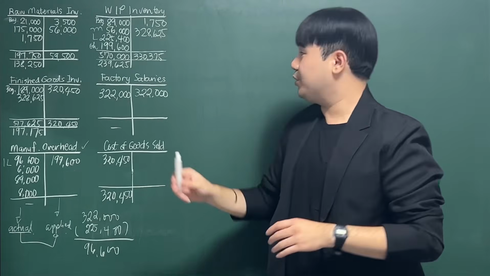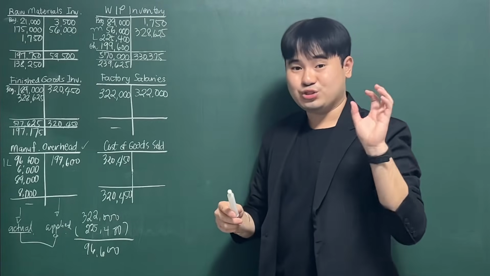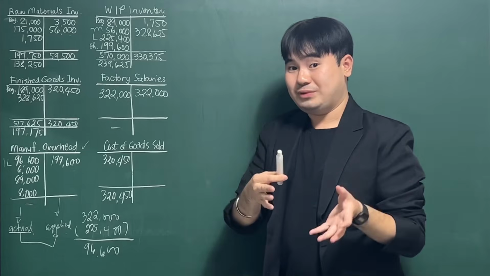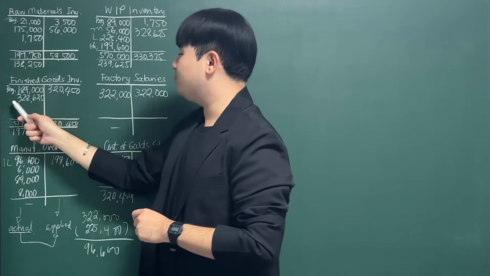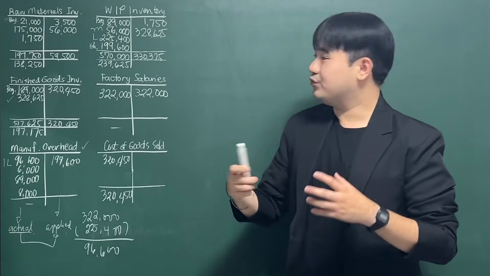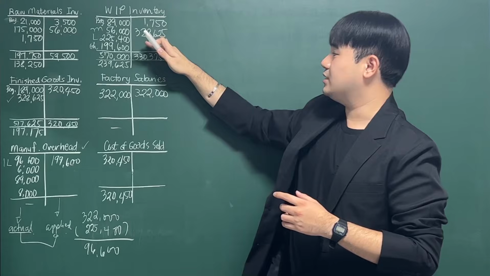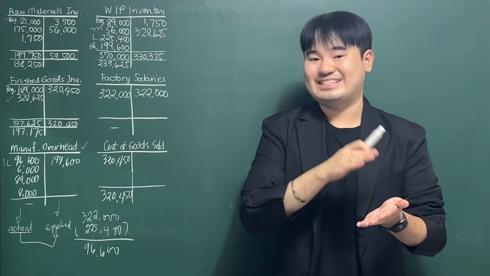How can you confirm that this amount of 328,625 is the amount that was already completed for this production cycle? As you can see, it was also debited to your finished goods inventory. So you can confirm that this 328,625 is already completed during this certain cycle.